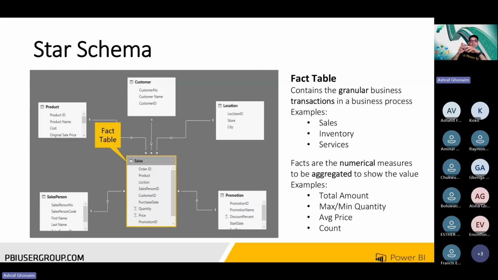Basically any call center interaction, for example, is considered a business transaction. So think about the business that you are in. Any interaction your organization has with any entity it deals with is considered a business transaction and eventually has to be stored in a fact table. Okay.